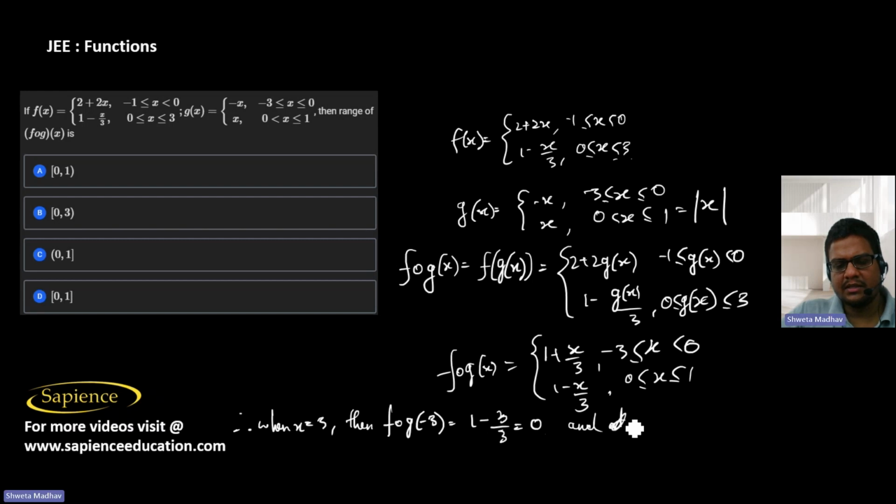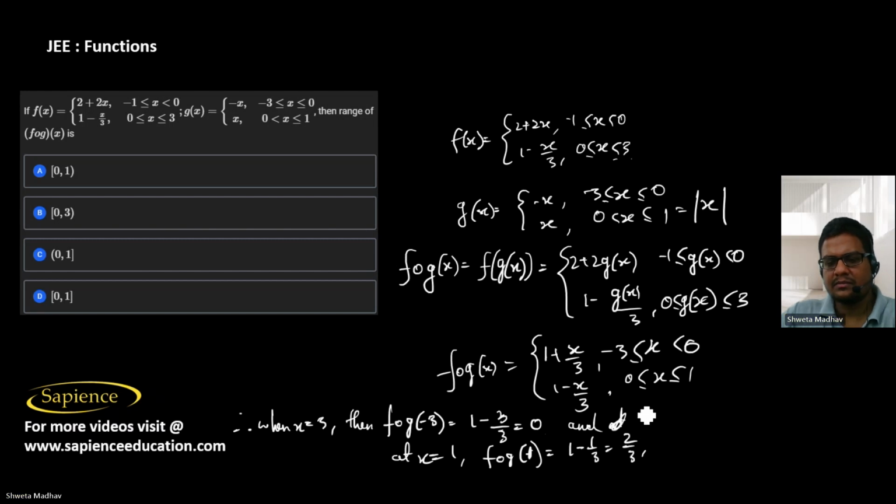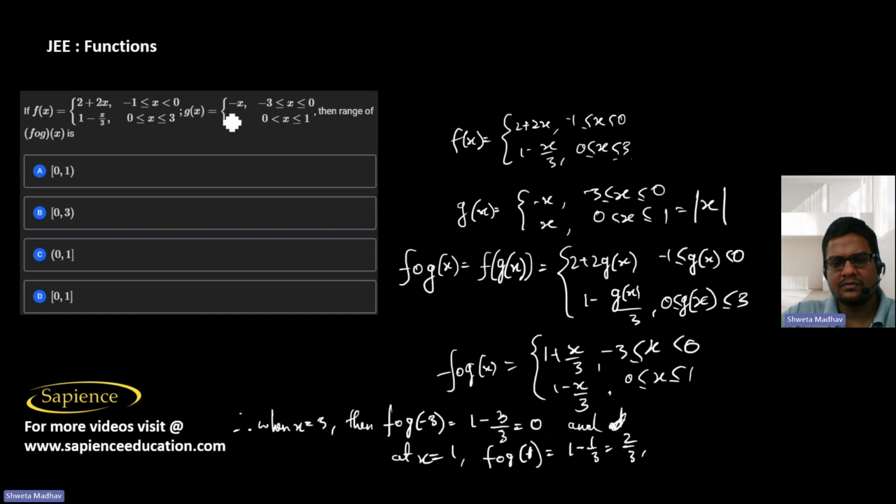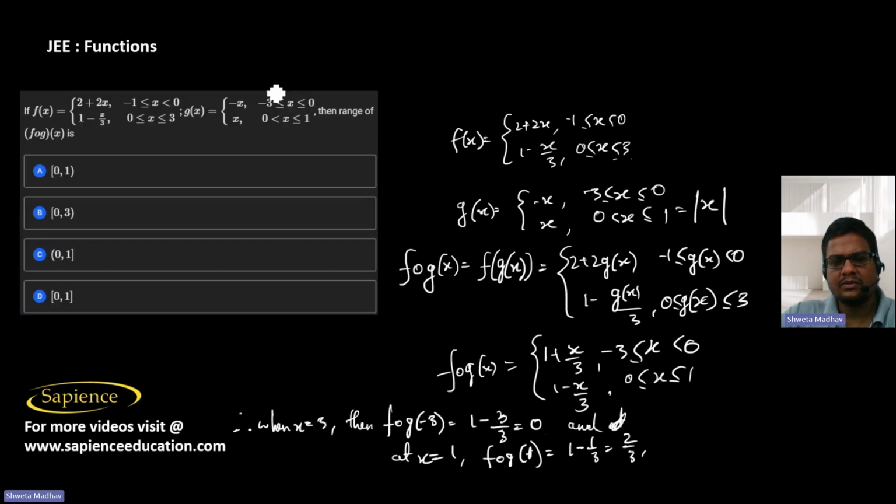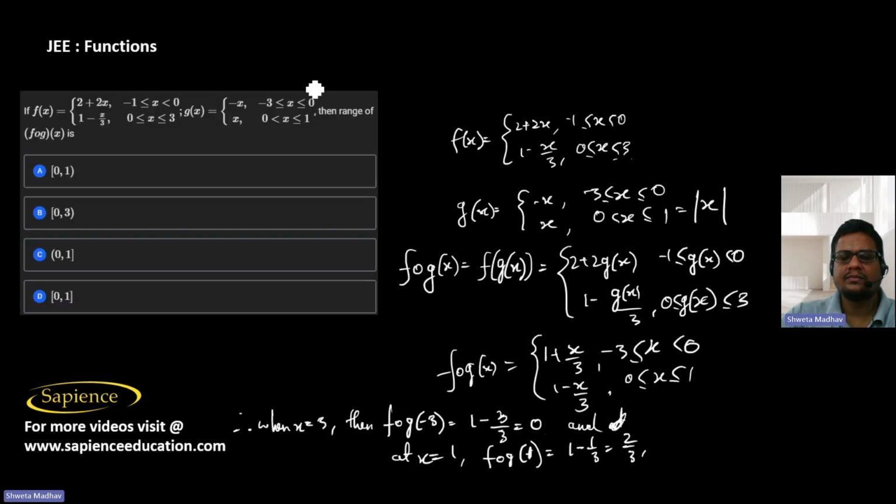And at x equal to 1, f of g of 1 will be equal to 1 minus 1 by 3, that is equal to 2 by 3. And f of g of 0 will be equal to 1 minus 0 by 3, that is equal to 1.